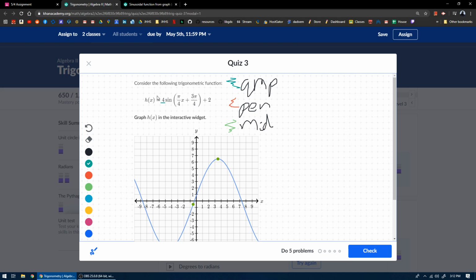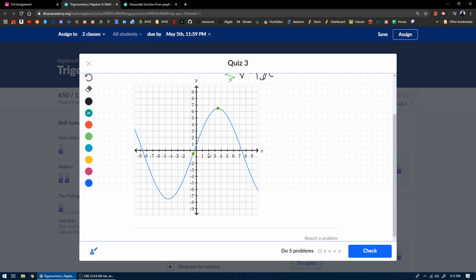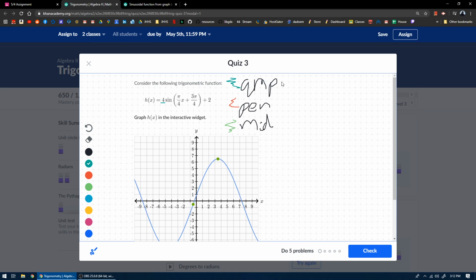That causes every value I plug into my graph to be multiplied by 4, so the graph becomes 4 times larger. So the amplitude is 4.